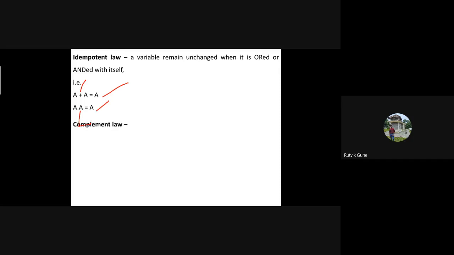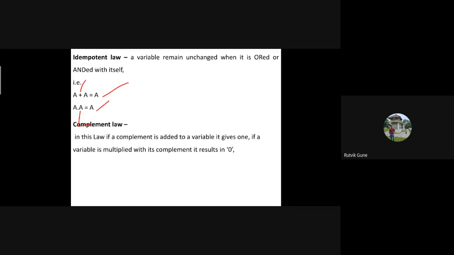Okay, so the complement law. It says that if a complement is added to a variable, it gives 1. It means if a complement is ORed with a variable, it gives 1.